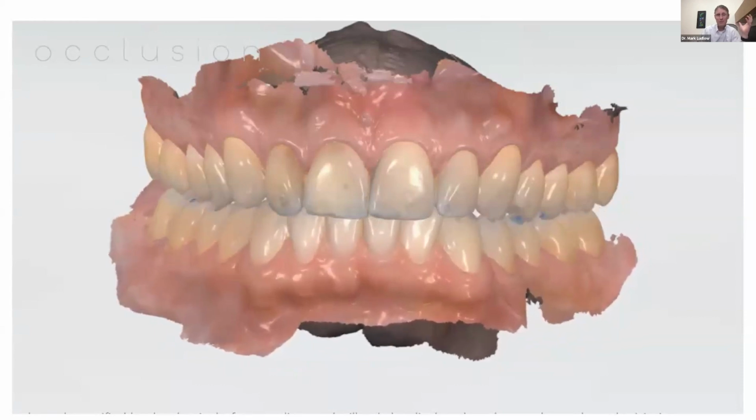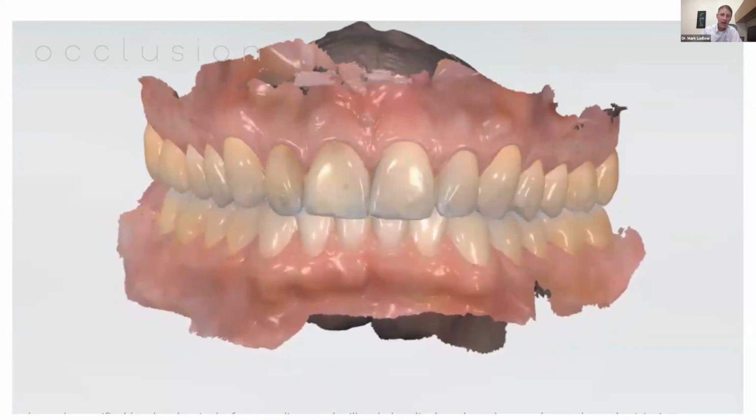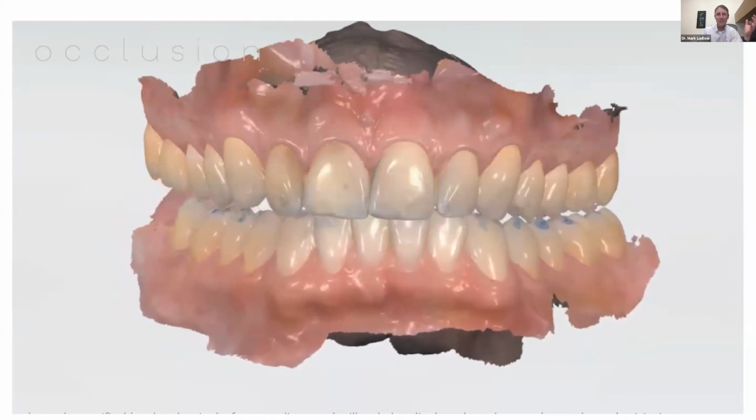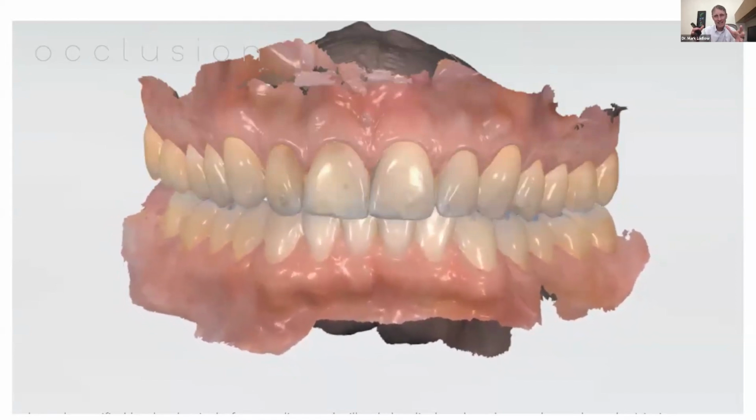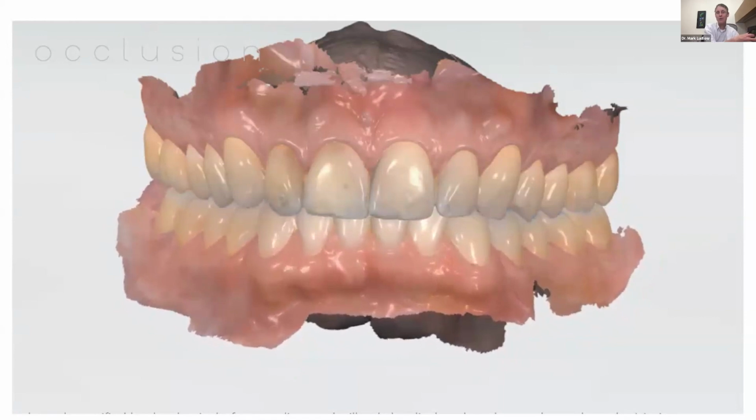But these are some things that we've never, ever, ever been able to do before. And the really cool thing about doing this is all this can get integrated into the laboratory software designs. So these numbers and all these movements we're able to use to design our final restorations or whatever it is we're doing.